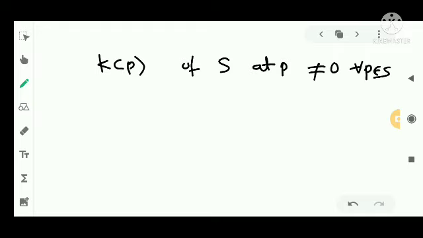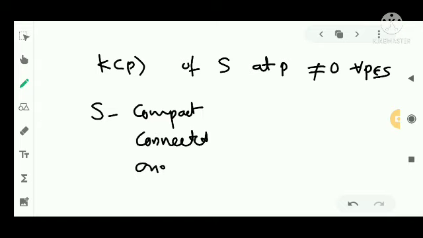Then we have to show that the second fundamental form is definite, either positive or negative definite. Now we have given that S is a compact, connected, oriented surface in Rn+1.